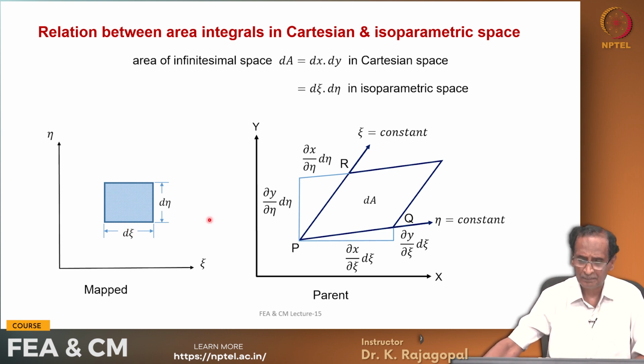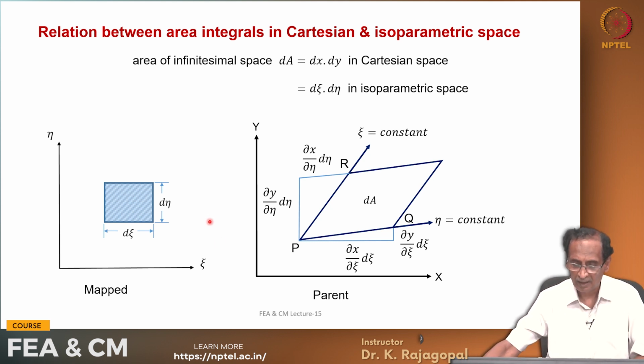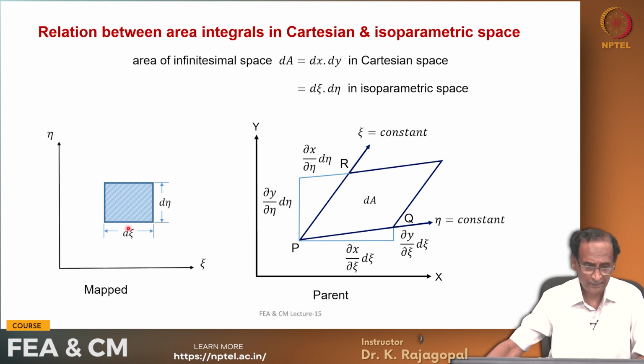For that we can go back to our vector calculus, and let us imagine these two lines PQ and PR as two vectors. Along this line eta is constant, because we are moving along xi, and along this line xi is constant. Okay.